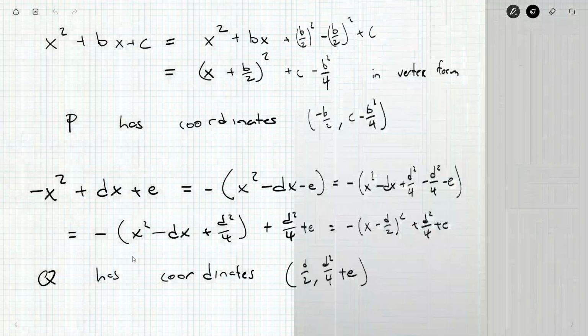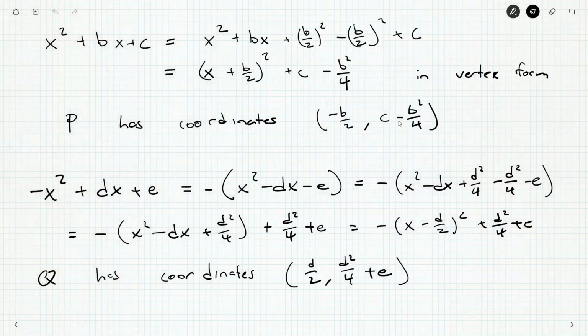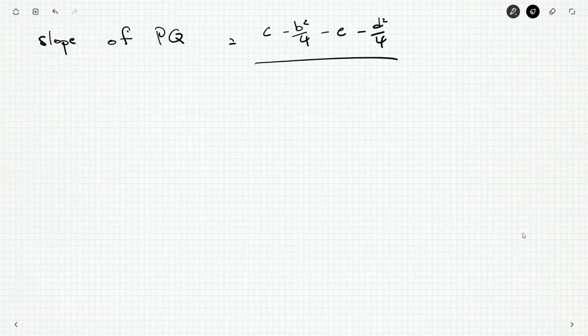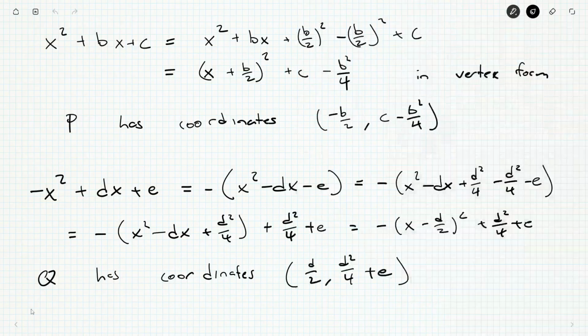I don't know. But the slope of PQ, it's going to be rise over run. So I'm going to have to flip back for a second. So rise, that's the difference in the y-coordinates. So that'll be c minus b squared over 4 minus e plus d squared over 4, all over the difference in their x-coordinates, and that'll be negative b over 2 minus d over 2.